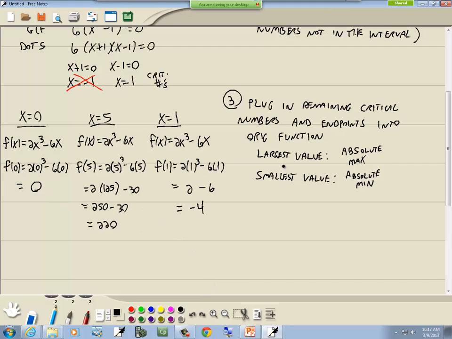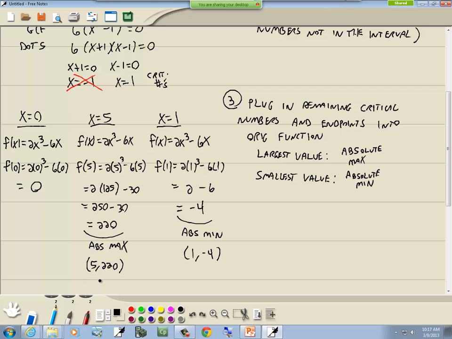Now it says your largest value is your absolute max. So this right here would be our absolute max. If we were to write it in point form, it'd be 5 and then 220. Now this negative 4 is my smallest value. So this will be our absolute min. If I write it in point form, it'd be 1, negative 4.